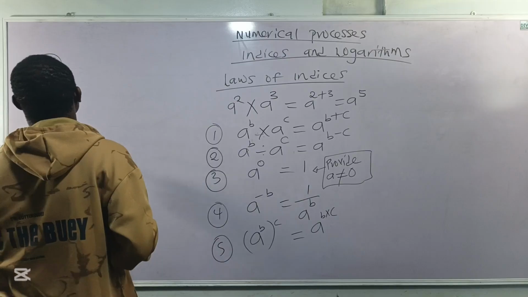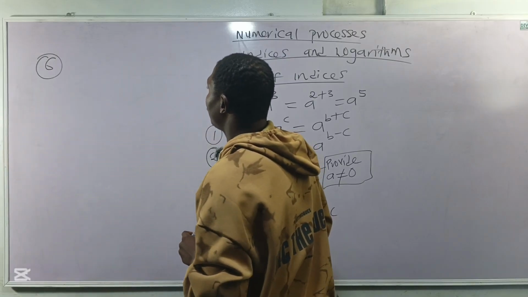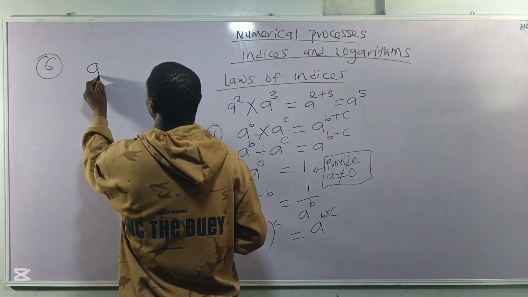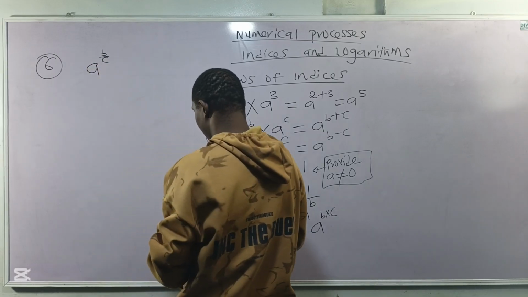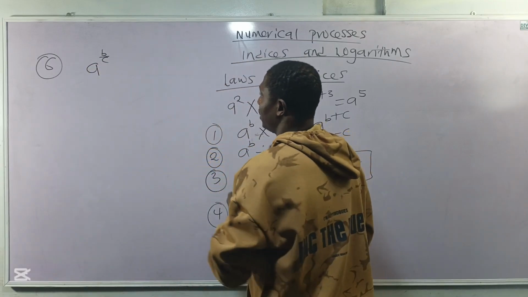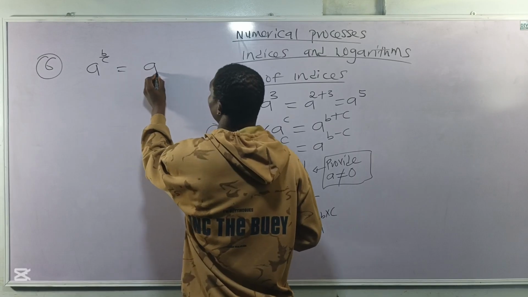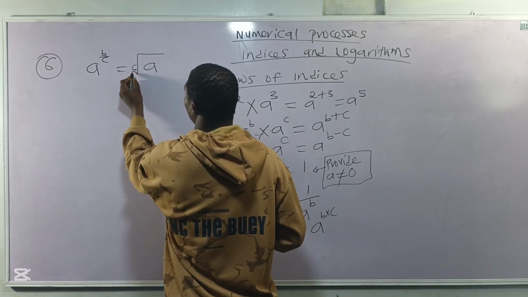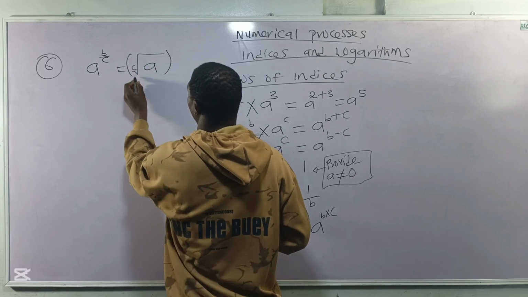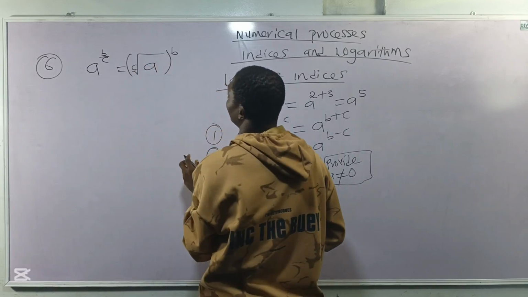Let's say 6. If we have a raised to power b over c, this is the same as saying the c-th root of a raised to power b.